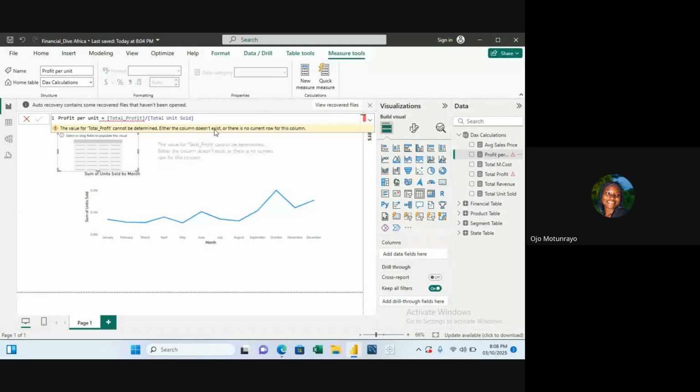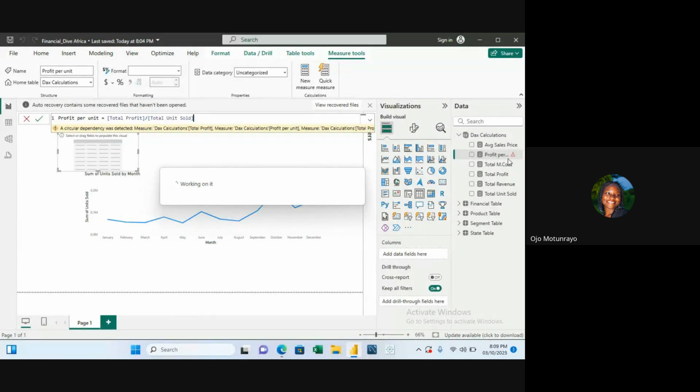So I'm trying to fix the error that is showing here.